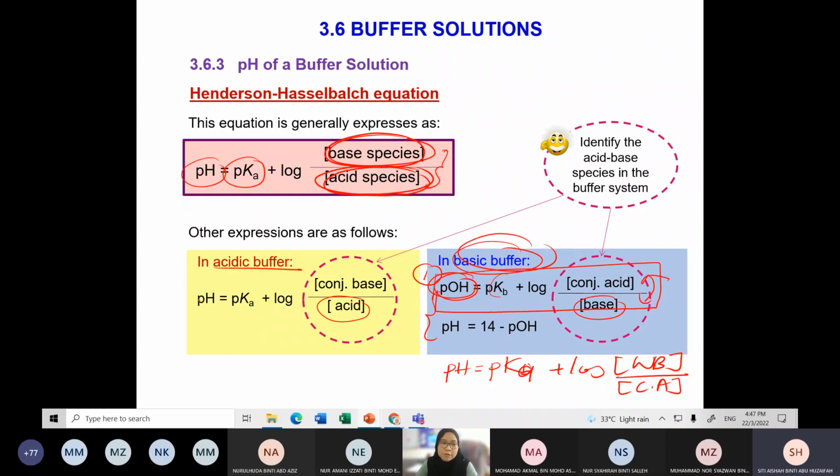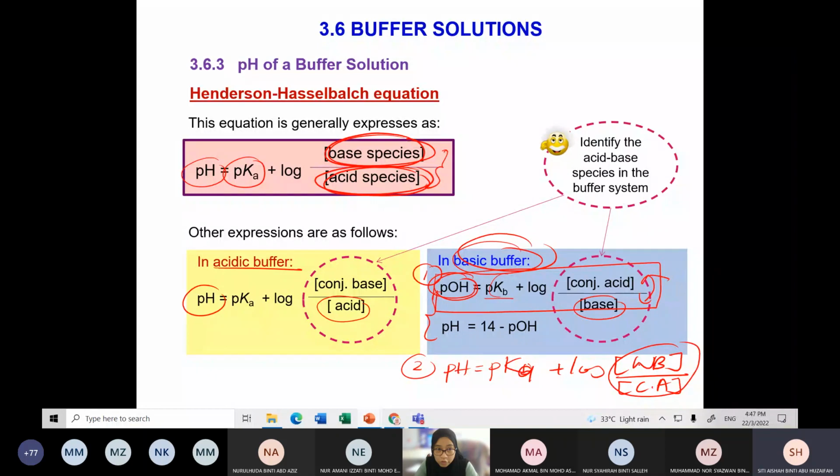The acidic buffer is not a problem because you can calculate the pH directly. For the basic buffer, you either go for pOH, pKb, with base at the bottom, conjugate acid on top, and then you subtract from 14. Alternatively, you can calculate the pH directly using this formula. So you see it is inverted there.